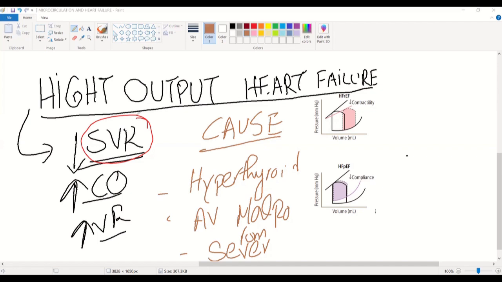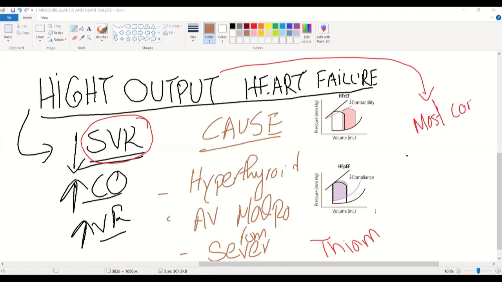Does any vitamin deficiency lead to high output failure? Yes, beriberi. Which vitamin? Thiamine. Okay. What is the most common cause of high output heart failure? Morbid obesity.